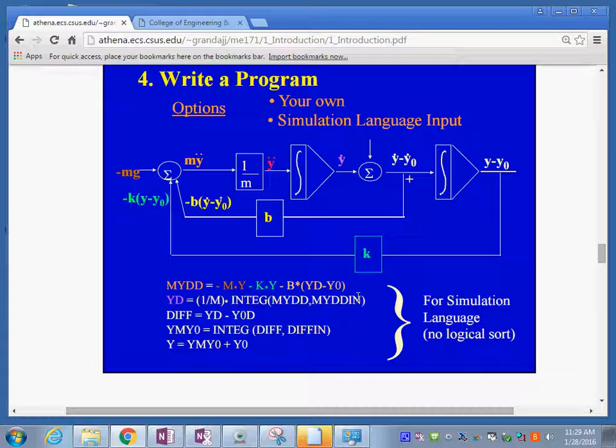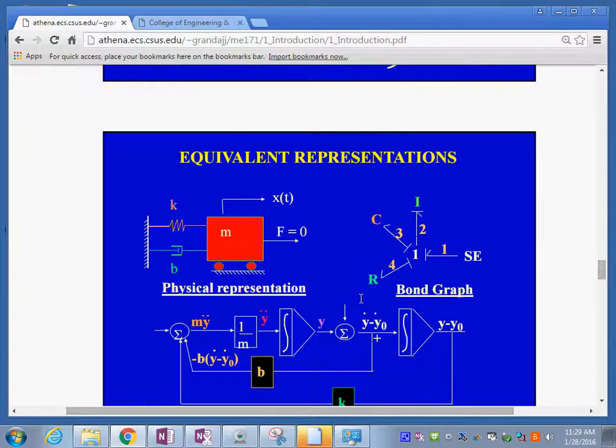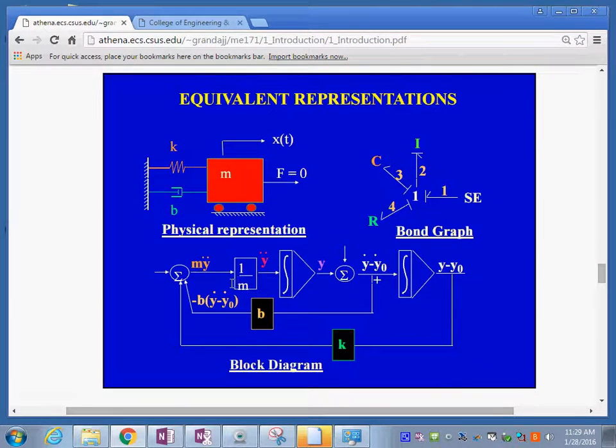Either you have some software that allows you to solve the graph itself like it is, which is software like Simulink, or you actually write a little program. But what I'm trying to tell you is there is another way of doing that, and that is to make the computer do this. And that's where the bond graph modeling technique comes into the picture.